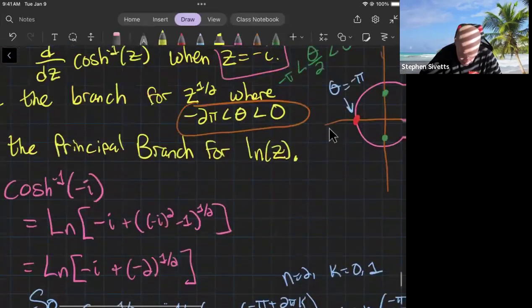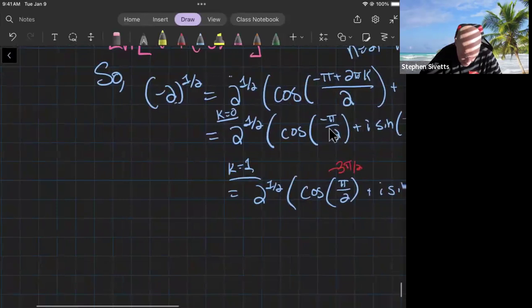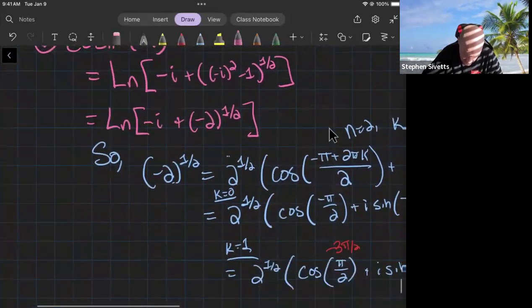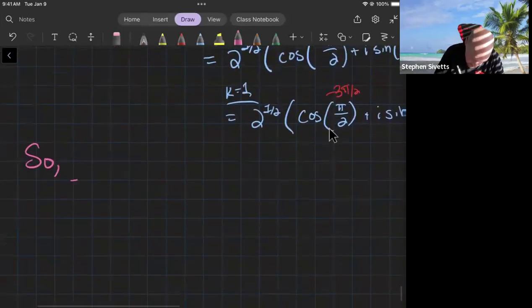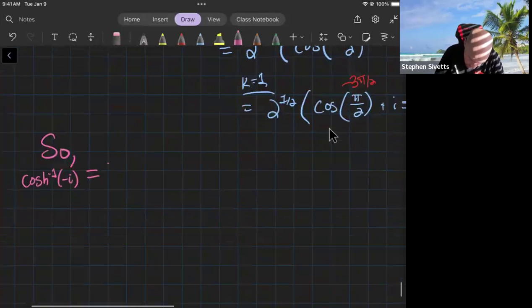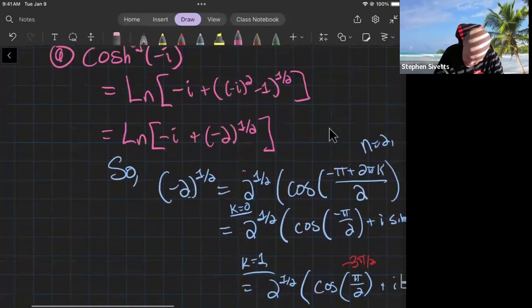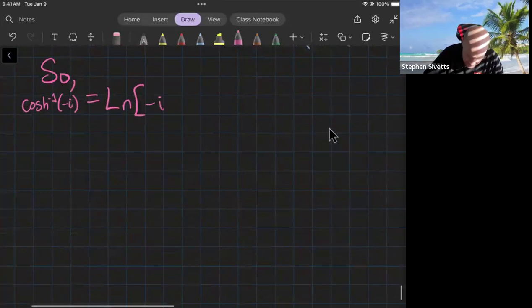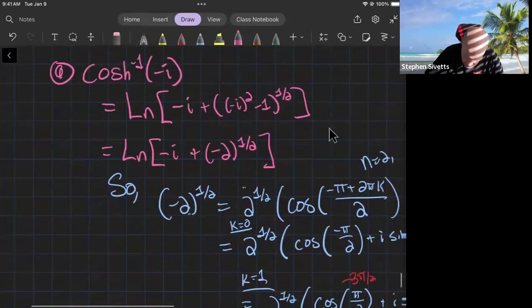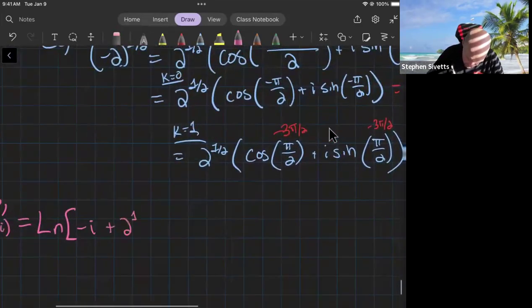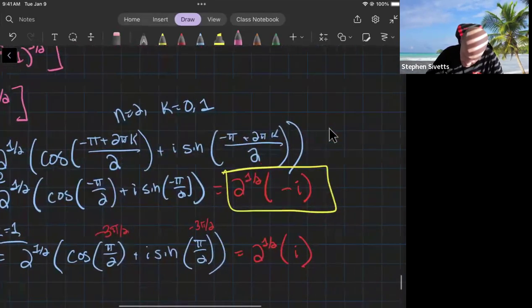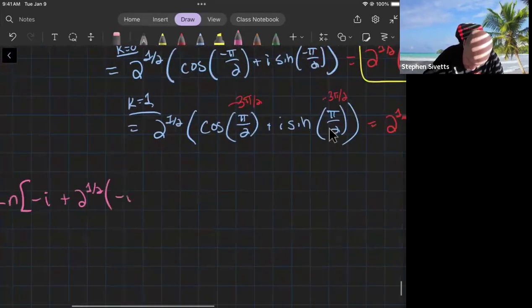All right, so we have our value, and all we have to do is compute the natural log of that. So inverse hyperbolic cosine of minus i equals capital Ln of minus i plus 2 to the 1/2 times minus i.